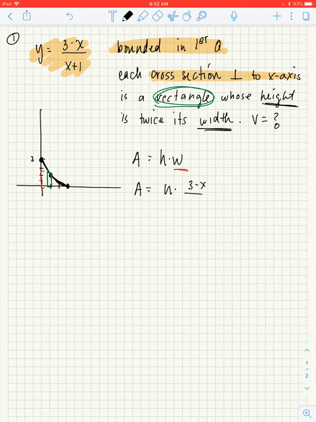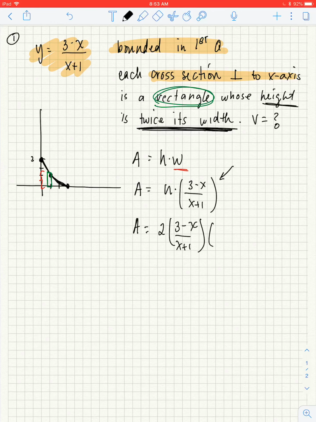So we would just get 3 minus x over x plus 1, like that. Now the height, they're telling us, is twice the width. So if the height is twice the width, then we do 2 times that. This is our width. And then you could see that that would be our area function for the cross sections.